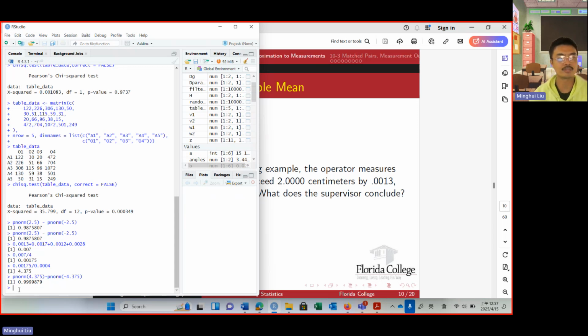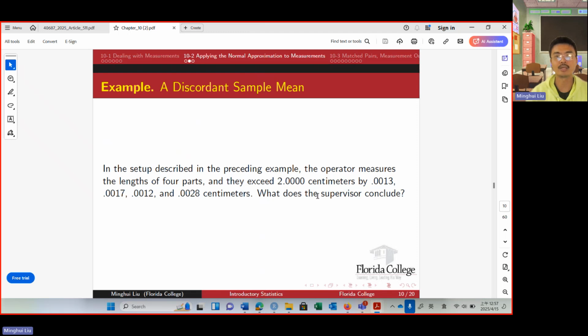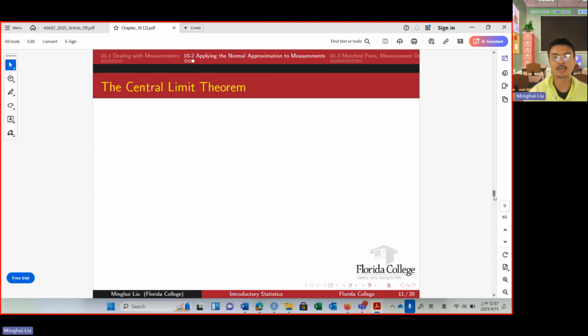So almost 99.999% of the time, the measurement of the mean should be within 4.375 standard deviations away. Or in other words, if you observe that this thing exceeded that boundary, that means extremely likely there's something wrong with the machine. So that is your conclusion, because that's really, really unlikely.